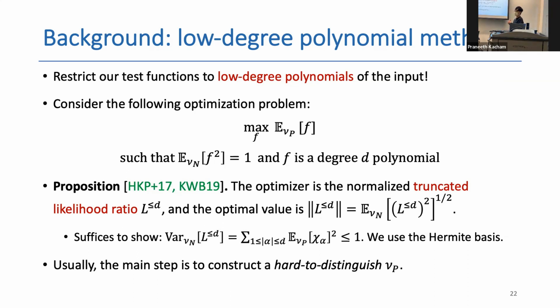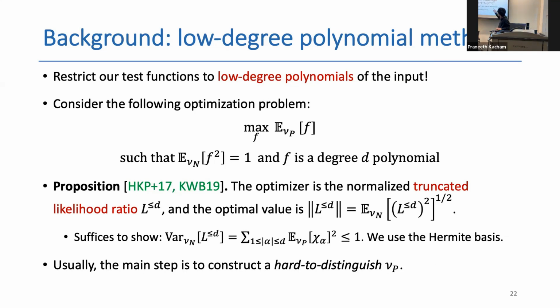Once you have a planted distribution that you think is hard to distinguish, you follow these steps, calculate this quantity, say that it's smaller than 1, and you're done. So in our work and many previous works, the creativity is really in finding a planted distribution that's hard to distinguish. So, is there any idea how the function f looks like, which is the optimal?